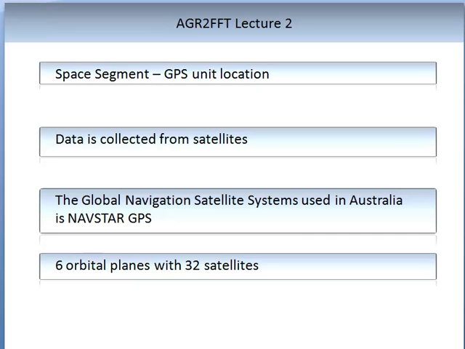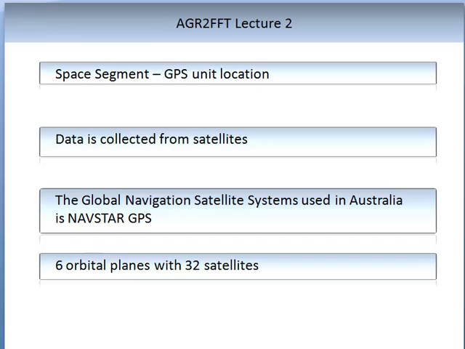It depends on which country you are in at the time of data collection as to which system you will use. In Australia we use the Navstar GPS system. There are other systems such as the GLONASS, which is the Russian Space Force system, and the Galileo system, which is used extensively in the European Union areas.